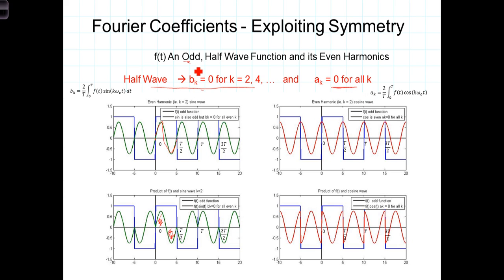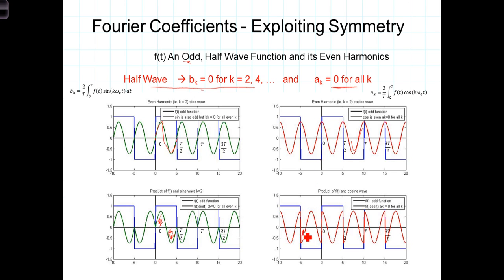You can see what's happening here. During the positive lobe, you've got one complete waveform. During the negative half, the second half of the half-wave periodic function, you've got another complete waveform. The product of this times this is a positive lobe, and then positive times negative gives us a negative.